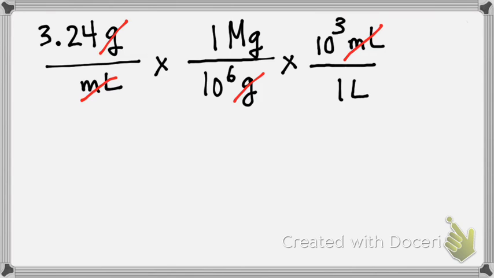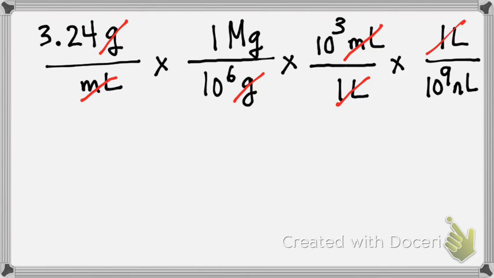And then we want to convert liters to nanoliters. So 1 liter is 10 to the 9 nanoliters. And now liters cancel. So all we need to do now is to simplify.